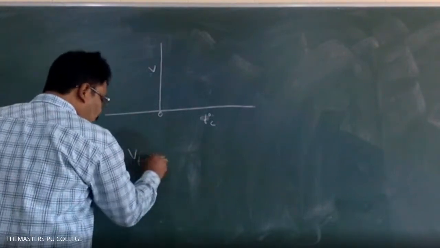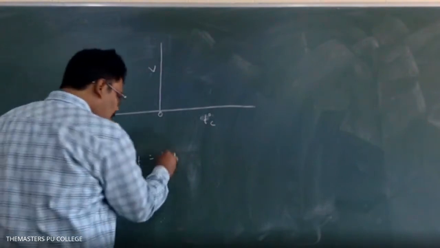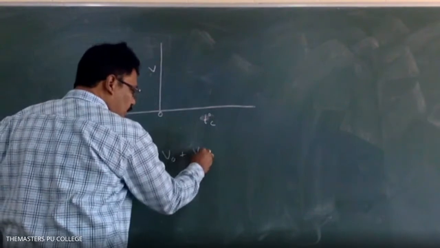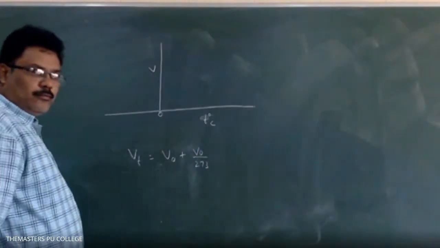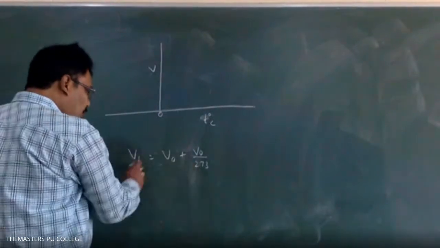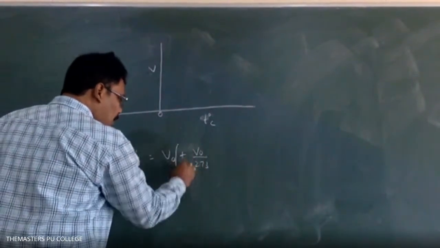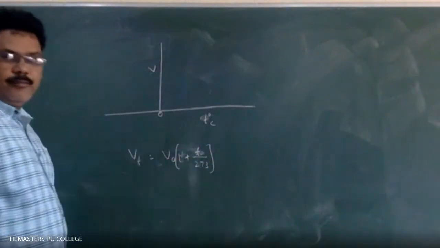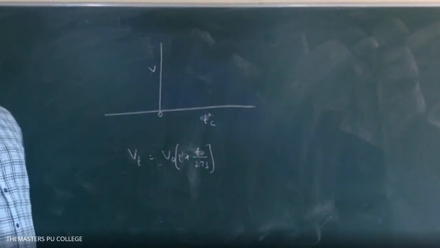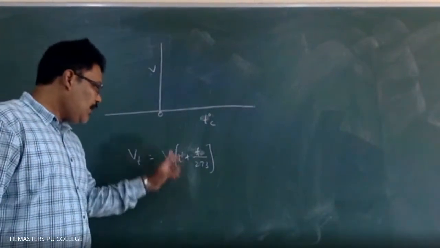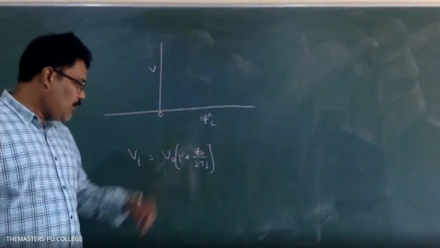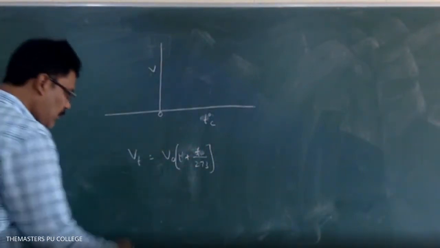Vt is equal to V naught plus V naught by 273, which is V naught into 1 plus T by 273. If you multiply this out, what will you get?